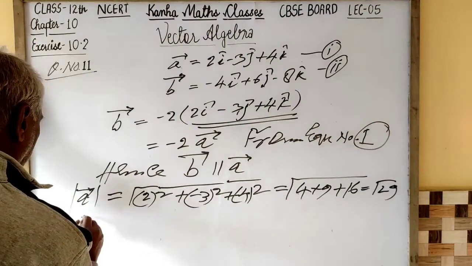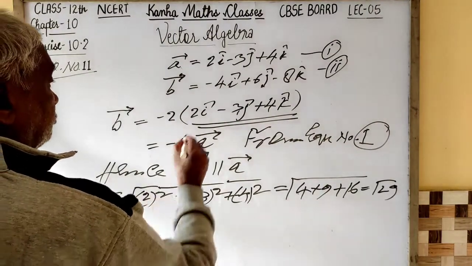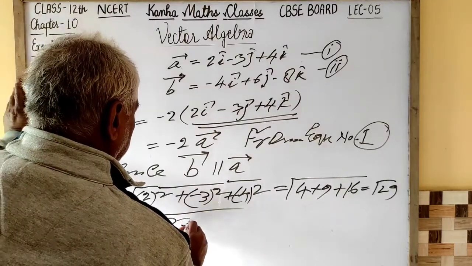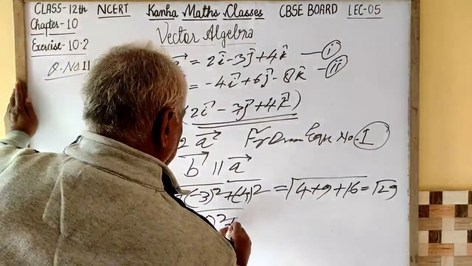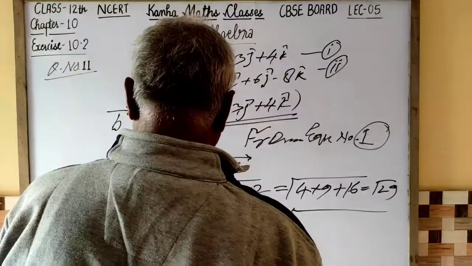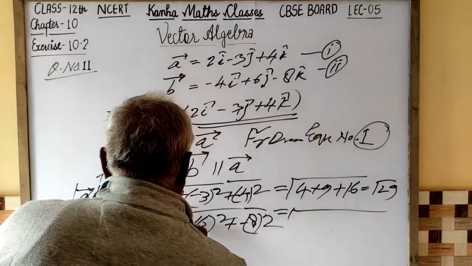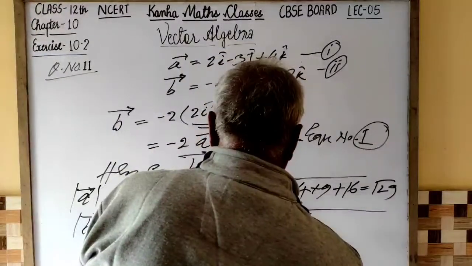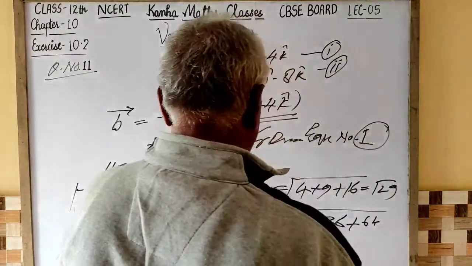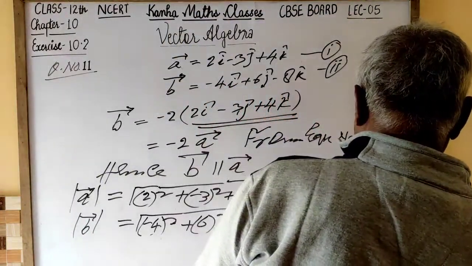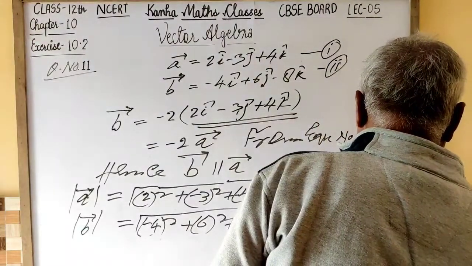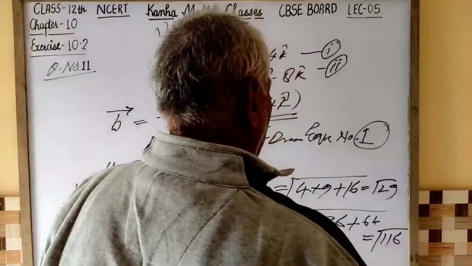And that of vector B is equal to the square root of minus 4 square plus 6 square plus minus 8 square, which is 16 plus 36 plus 64, that is 116. Obviously this is root 116.